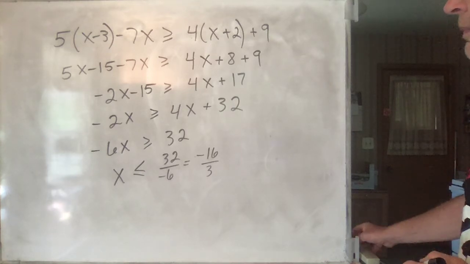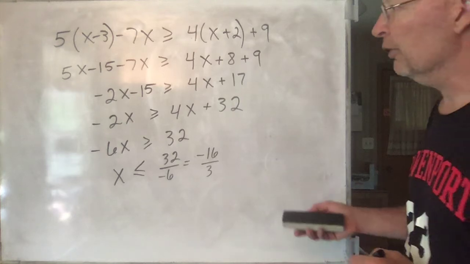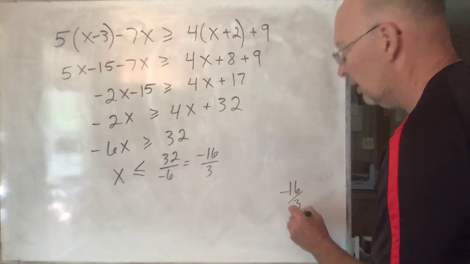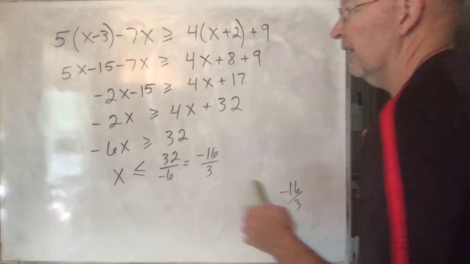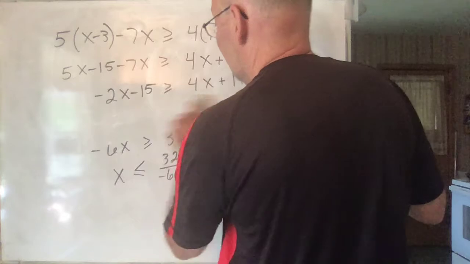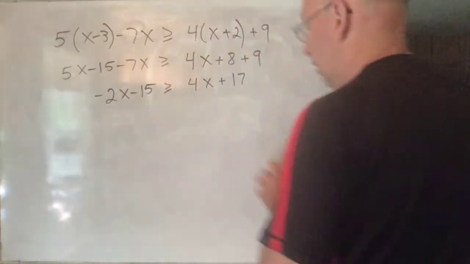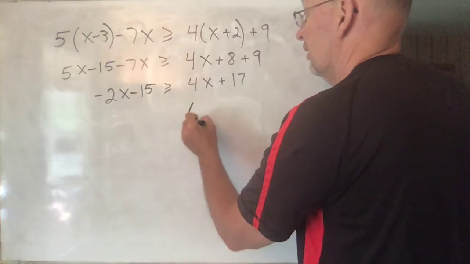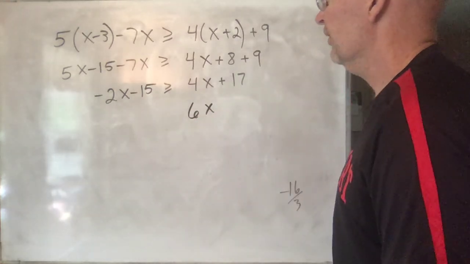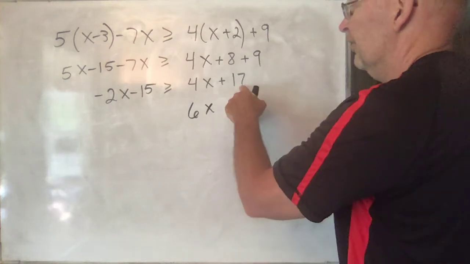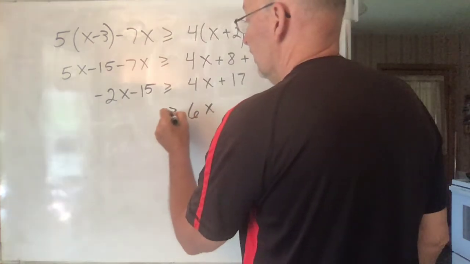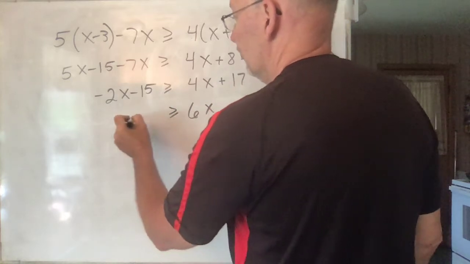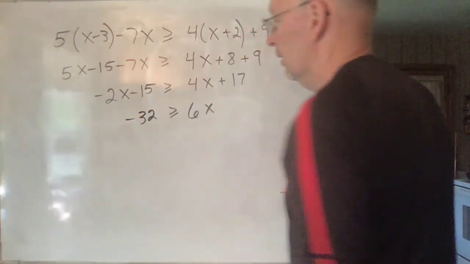That worked fine. As I was doing the problem, it occurred to me, remember the answer there. I think a better way to have done it, once I had all this, would have been to have added the 2x on this side. If I add the 2x there, and if I subtract 17 from both sides, I'm going to get negative 32.